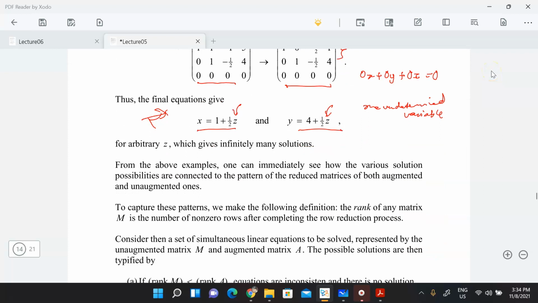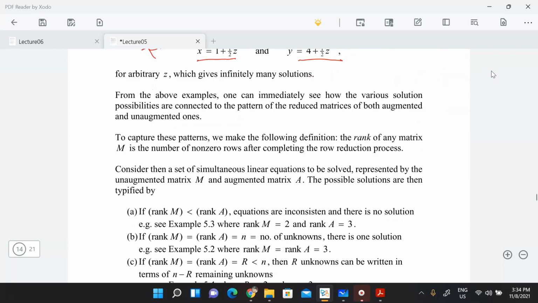Okay, so there are two things that one needs to look carefully at: how do you know a particular set of linear equations is going to give you a unique solution, or no solutions, or infinitely many solutions? One is to look at the rank of the matrix M and the rank of the augmented matrix A. So what is the rank?